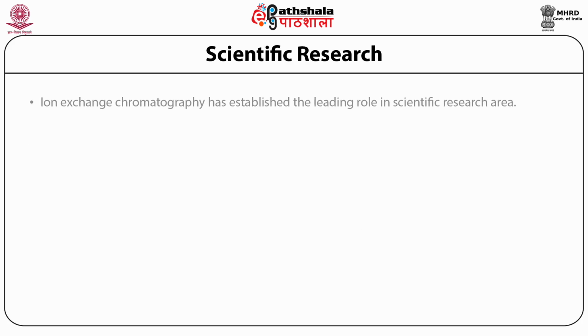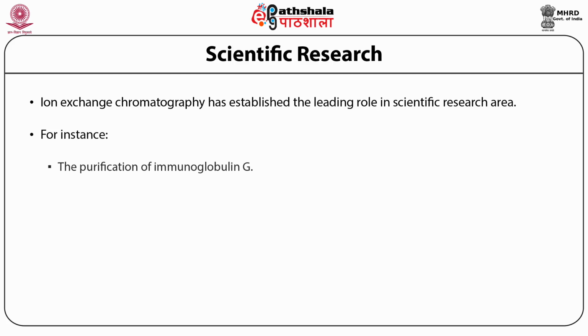Scientific research. Ion exchange chromatography has established a leading role in the scientific research area. For instance, the purified form of immunoglobulin G is efficaciously utilized in the passive immunization process. It proves to be effective in using DEAE Sephadex A50 to yield pure immunoglobulin G. With new advancements in technology, quantitative research on the evolution of amino acids in humans is made easy by the ion exchange chromatography technique.